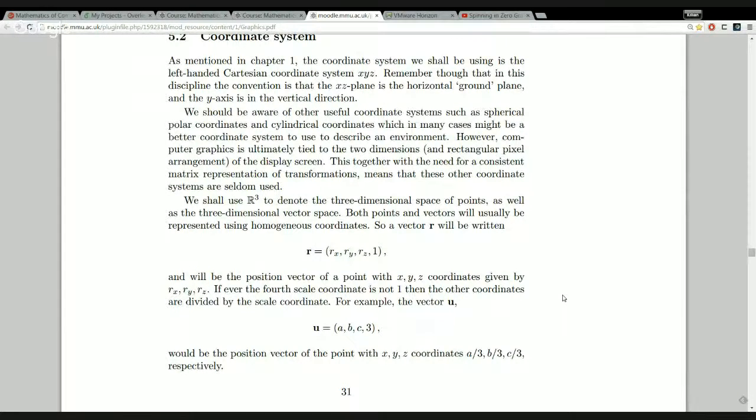And in those cases, it's mostly interpreted as some kind of scaling thing, so that this object u here would actually represent the point with coordinates a over 3, b over 3, c over 3. Okay. So they get rescaled by a third. But for the most part, that won't be an issue. For our purposes, we're really just considering homogeneous coordinates as a kind of device so that we can represent translations using matrices.